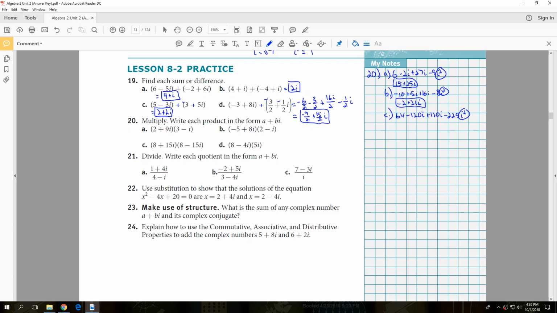These guys are going to cancel, negative 20i plus 20i. So we are left with 64 plus 225, which would be 289. And it does say write it in complex form, a plus bi. So this is actually 289 plus 0i. Okay.